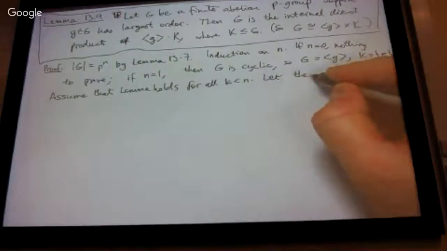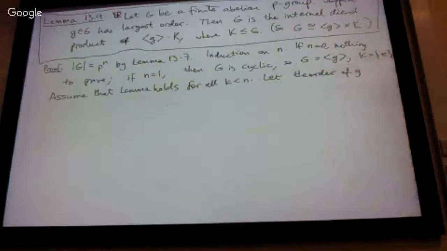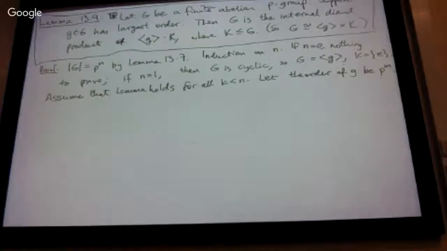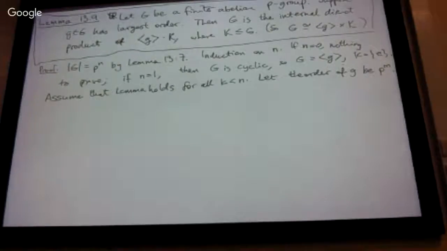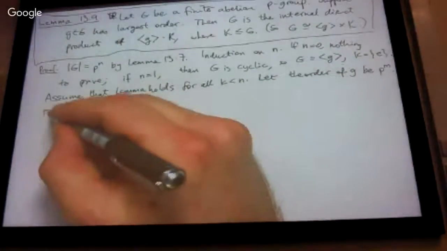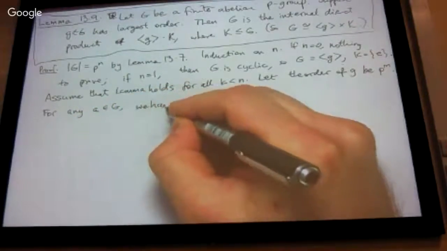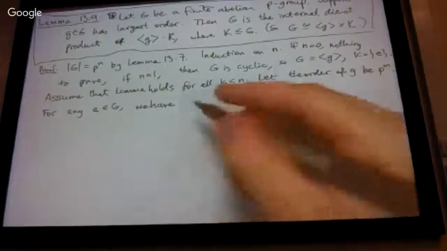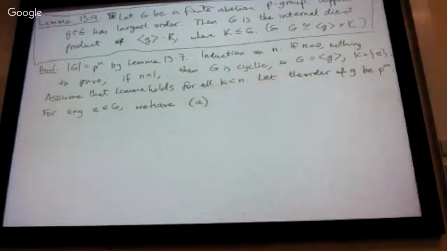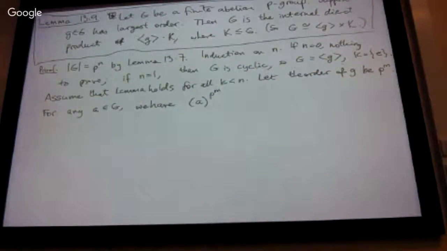Now, the order of G must be a power of p, so we don't know what power, so we'll call it p^m. So if I take any element of the group G and I raise it to the p^m, what do I get?